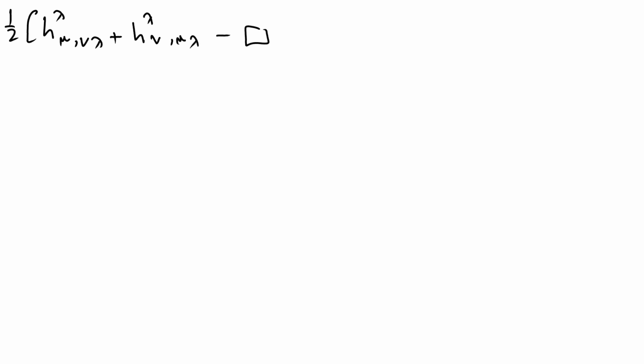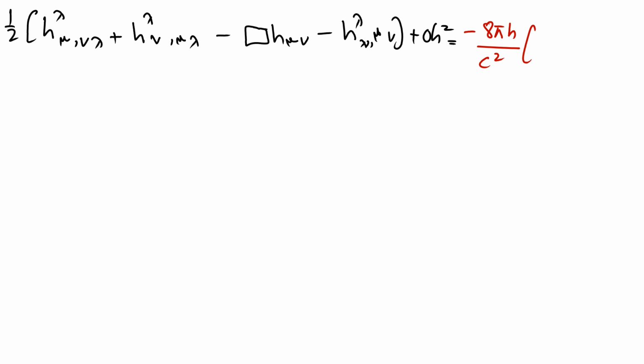Minus h lambda mu plus O(h squared). On the right side, I have written it again, G over c squared, T mu nu minus 1 by 2 T.